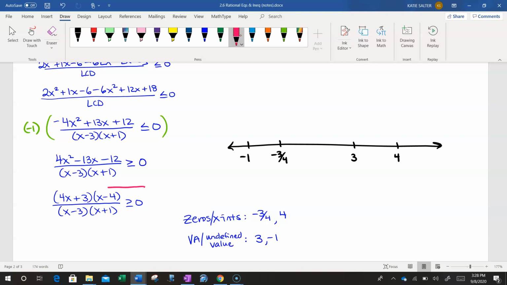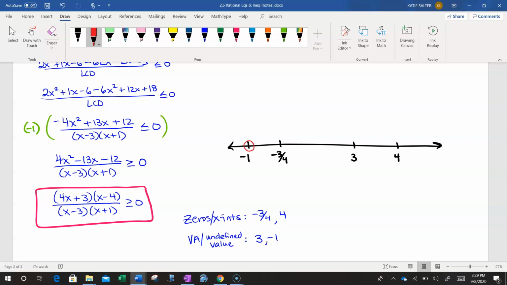Looking at where we've cleaned this all the way up right here, we want to know what values are going to make this rational function greater than or equal to 0. But we're not going to put closed holes at all of these numbers because the vertical asymptotes are where the function's undefined. So where the zeros are, we can put closed holes, but where the vertical asymptotes are, we need to put open holes since that part is undefined.